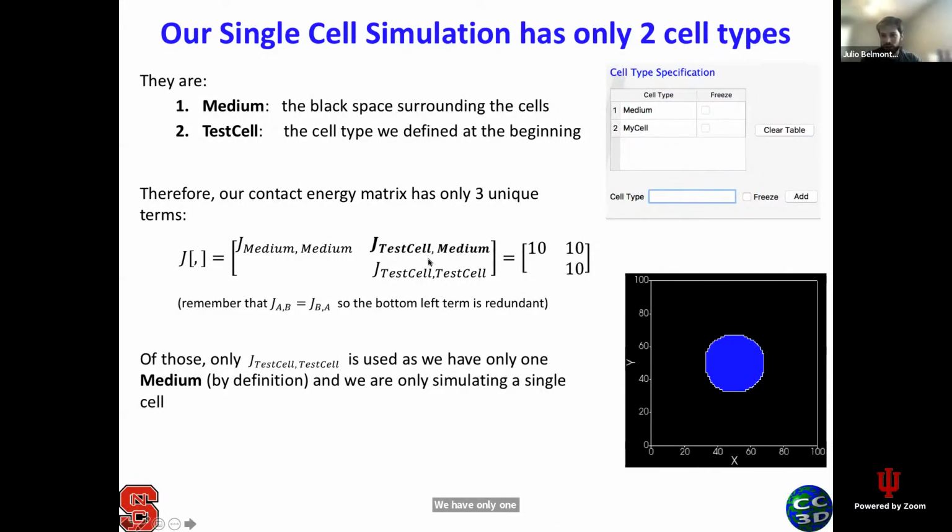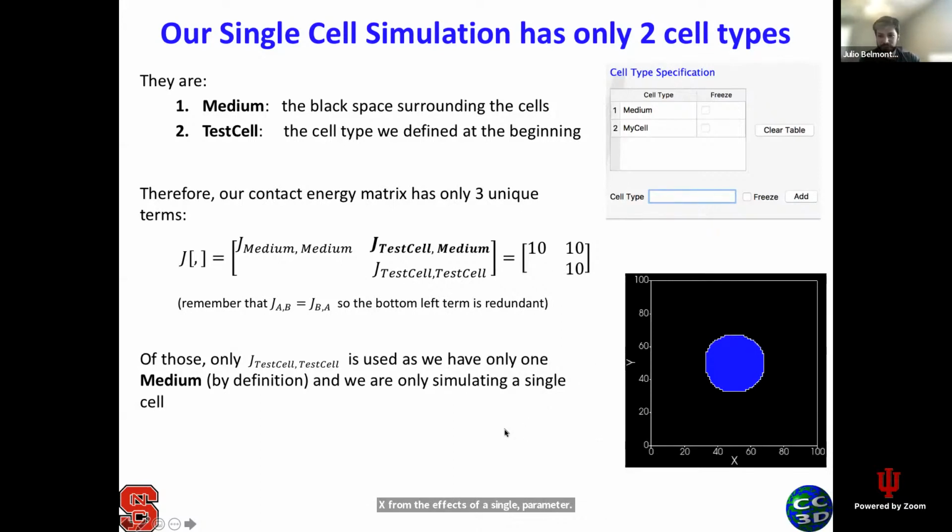It's just a contact energy between the cell and the medium, right? Because we don't have a second cell, this other one does not matter. And because medium is just one object, or one non-object, it also never takes account. So this is a simple simulation because we are only exploring the effects of a single parameter, right?